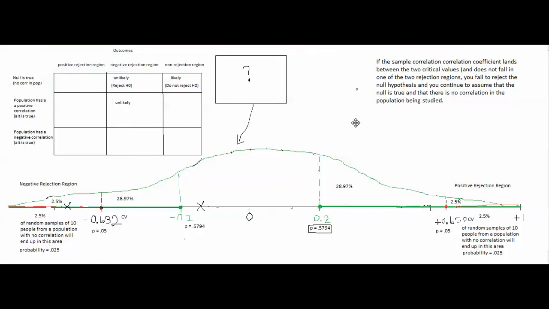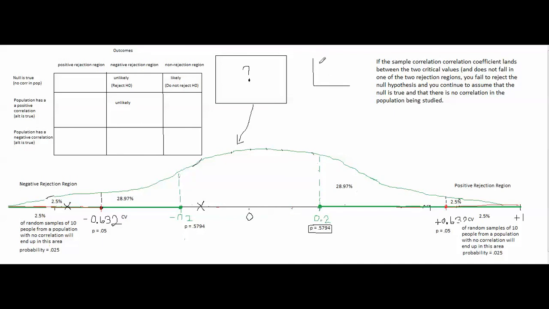So we can also reject the idea that the population has a positive correlation. But an outcome out here is actually likely to happen when the population has a negative correlation.